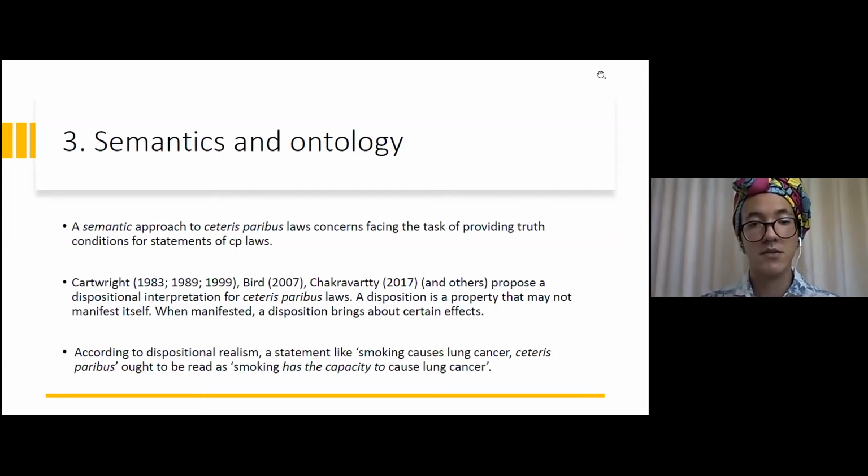So, according to dispositional realism, a statement like smoking causes lung cancer, ceteris paribus, can be interpreted as smoking has the capacity to cause lung cancer.